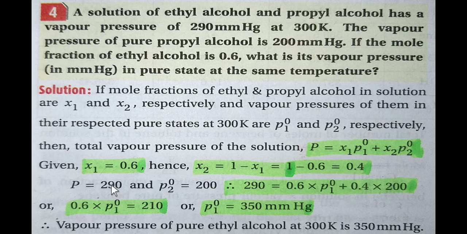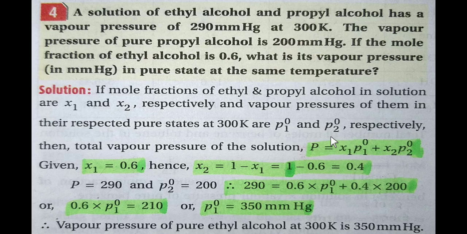Therefore, if we put these values in this equation, we get P equal to 290, into X1 equal to 0.6 into P1 naught, which we don't know, plus X2 equal to 0.4 into P2 naught, which we know, given here as 200 mmHg. By solving this equation, we get P1 naught equal to 350 mmHg. That is vapor pressure of pure ethyl alcohol at 300 K is 350 mmHg.